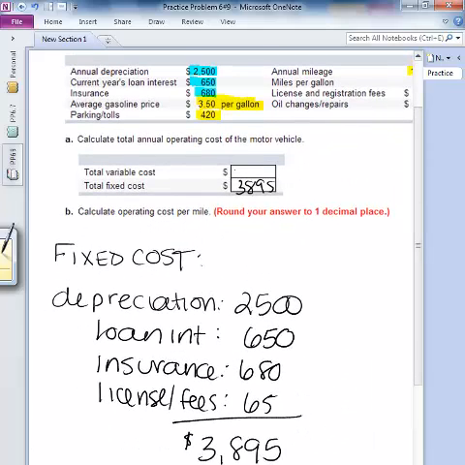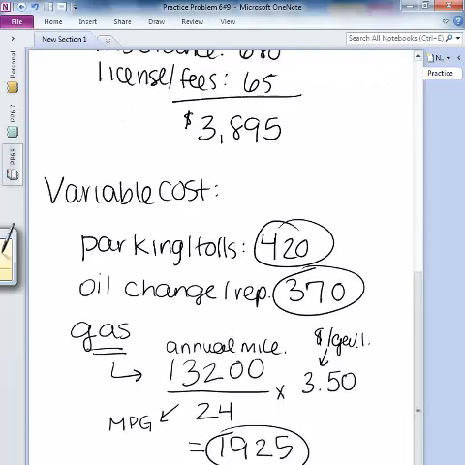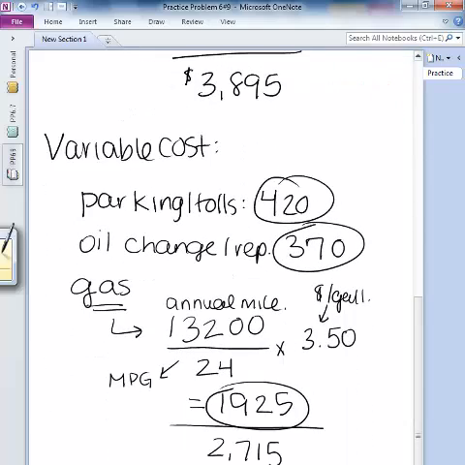So we found variable and fixed costs. Now to get operating cost per mile, we need to find what the total cost is, and we're going to divide by mileage. Total cost is going to be variable plus fixed cost.